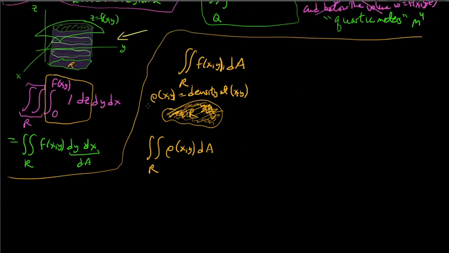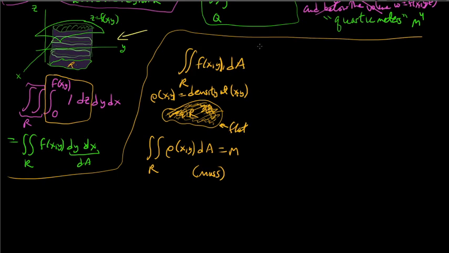So what is this? This is m, the total mass of the object over this region R. But it's a flat object, like a pancake or a coin or a piece of paper. Something flat.